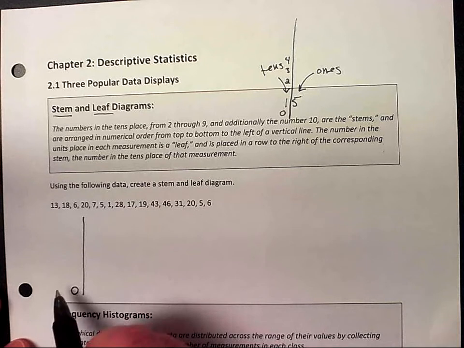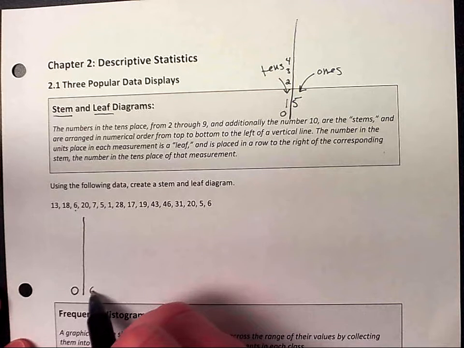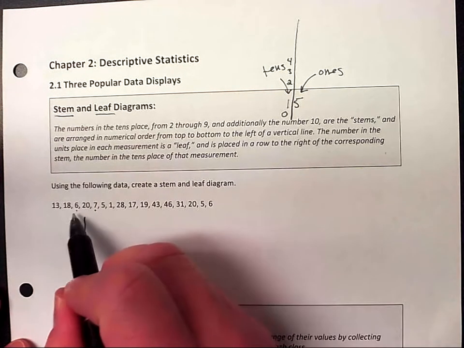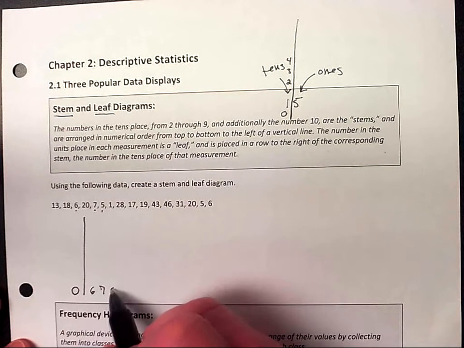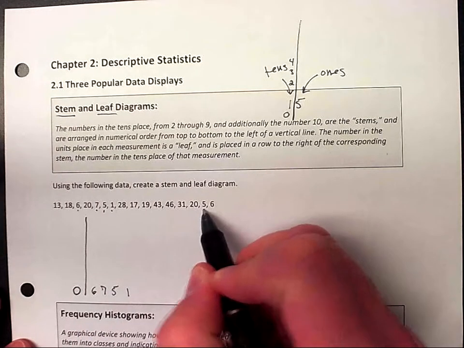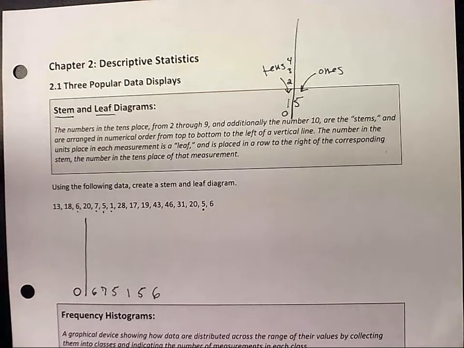What we're going to put right here are all the single-digit numbers. So we have the number 6, we have the number 7, so we're just going down the list. We have the number 5, we have the number 1, we have the number 5 over here, and we also have the number 6. Everybody good with what I'm doing so far?